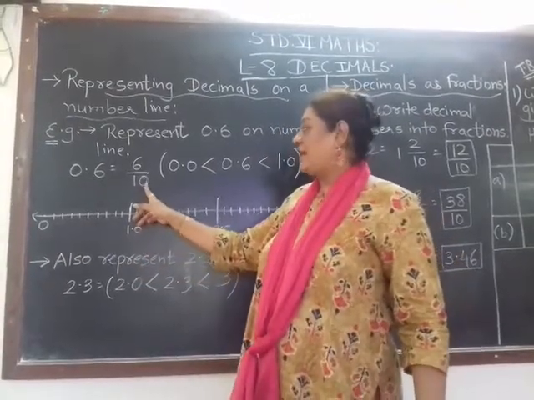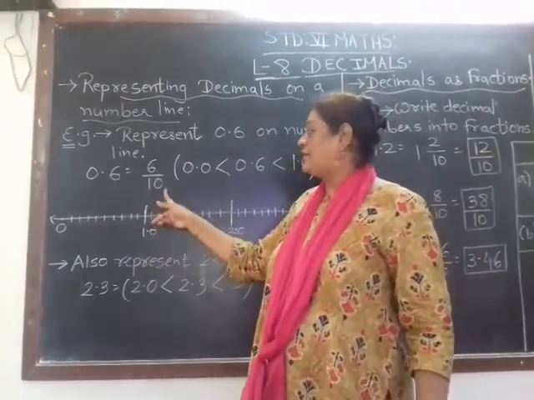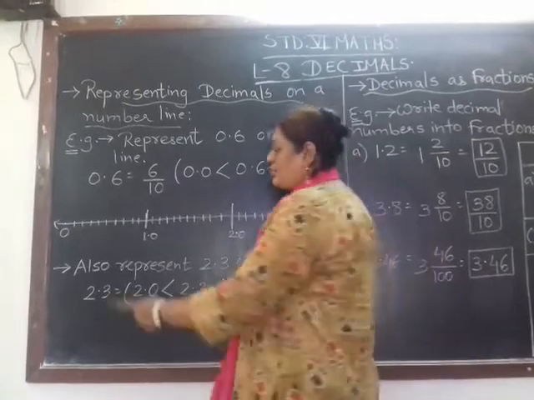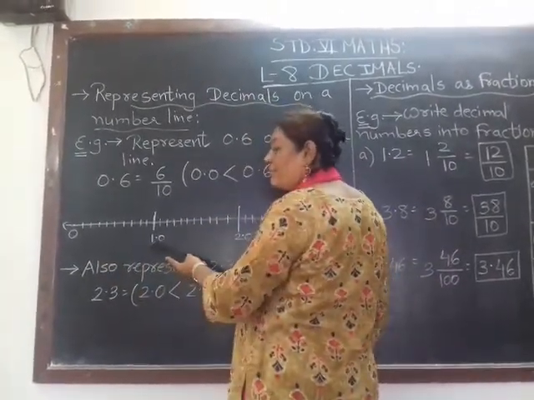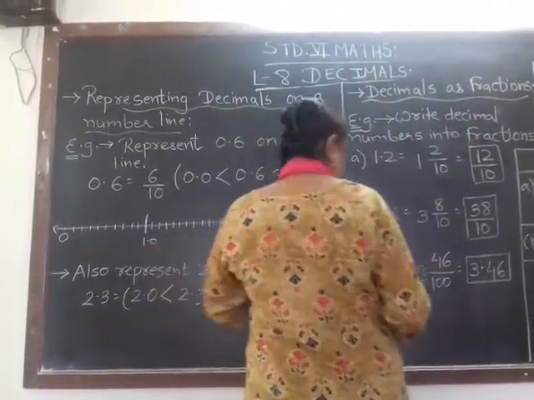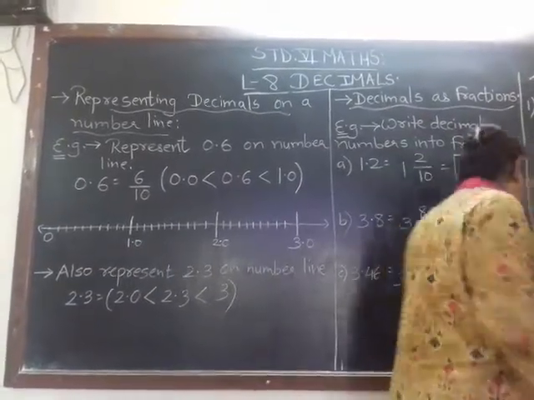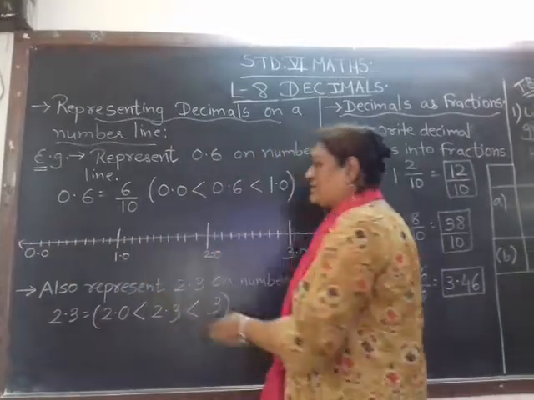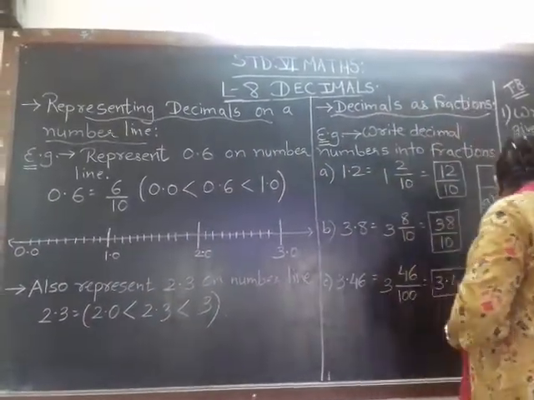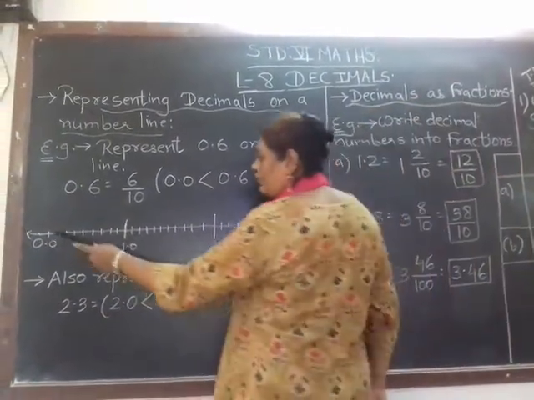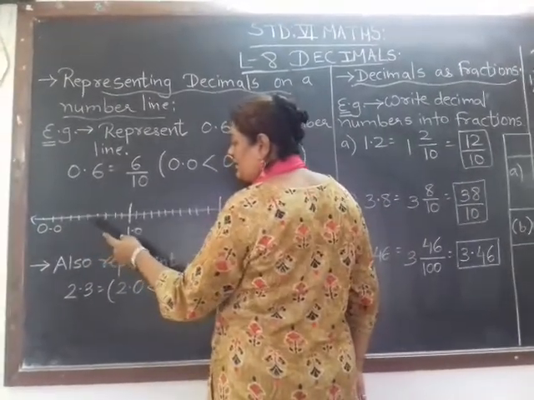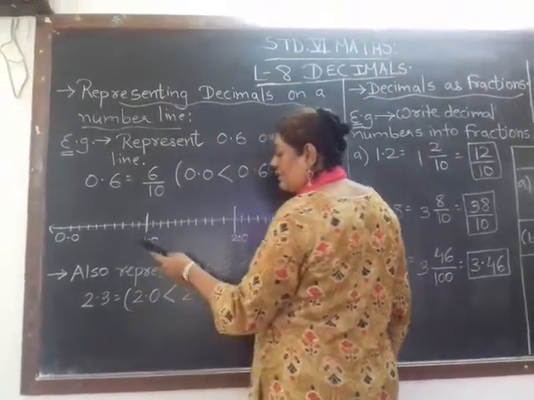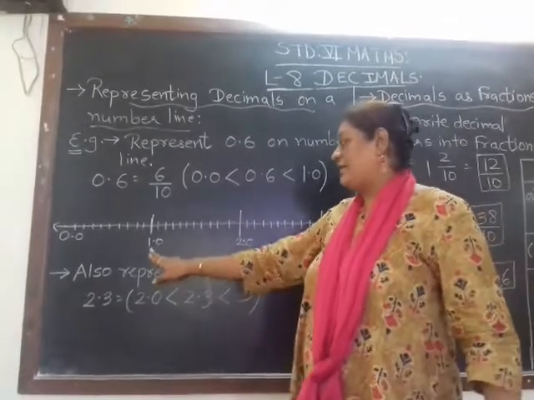Now children, out of this it will be very clear to you that between 0 and 1 there should be how many total parts, as the denominator here is 10. So between 0.0 and 1.0, the small divisions you can see should be 10 equal parts. You can check it out: 1, 2, 3, 4, 5, 6, 7, 8, 9, and this big one is 10, where it comes 1.0.